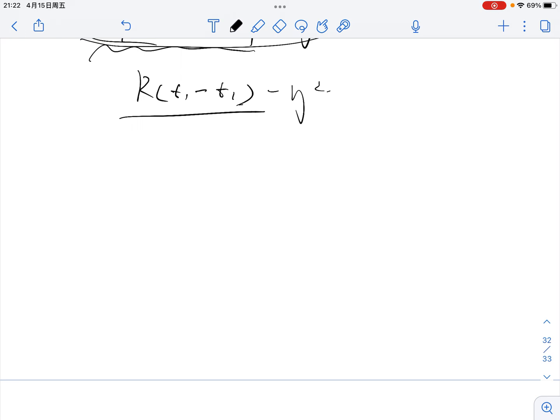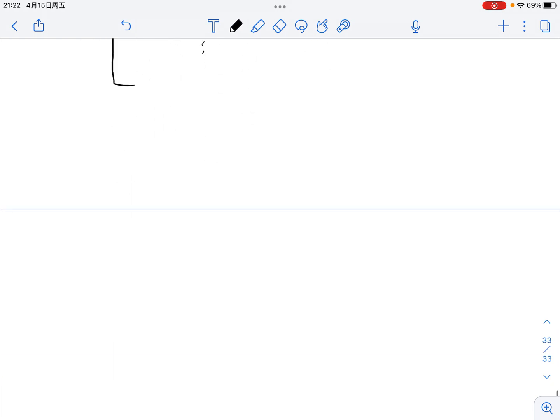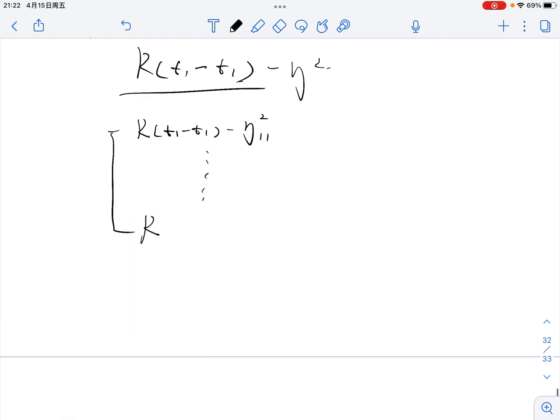If we plug everything in, we can rewrite the covariance matrix as: R(t1 minus t1) minus eta squared, and the last term for the first column would be R(tn minus t1) minus eta squared.